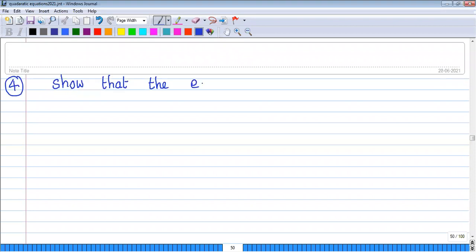Show that the equation 2x square minus 6x plus 7 equal to 0 has no real root.